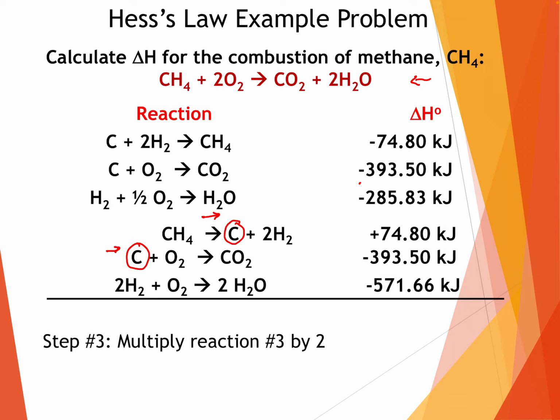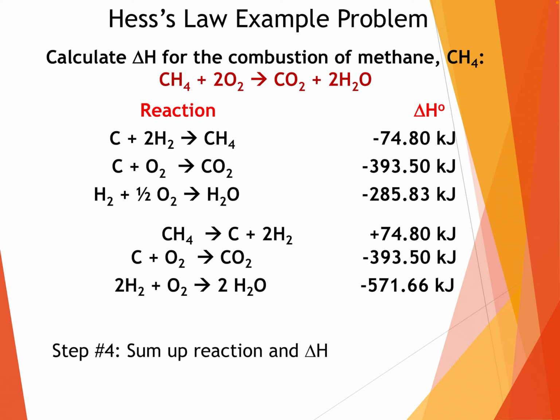It's something that's produced during the reactions but used up before the final product. The same thing with our hydrogen. Our hydrogen is being produced, and then later it's used up. So hydrogen is also an intermediate. We want to make sure that all of these intermediates cancel out because they don't show up in our overall reaction. So we'll go through and make sure that's happening.